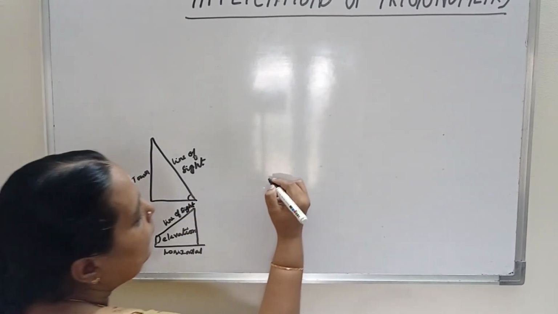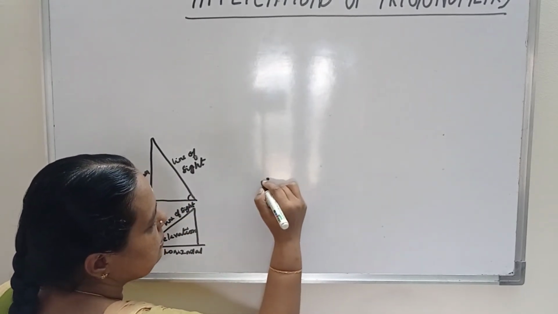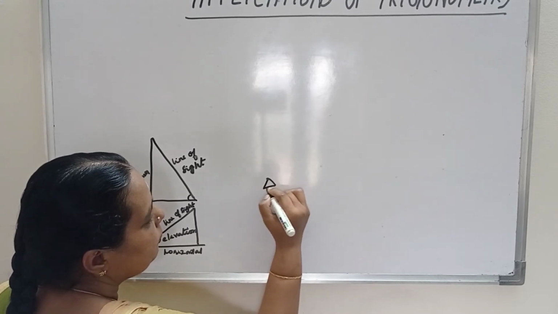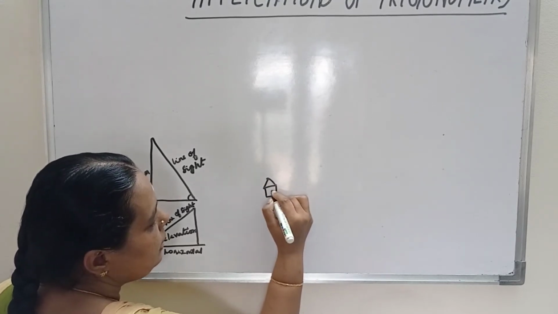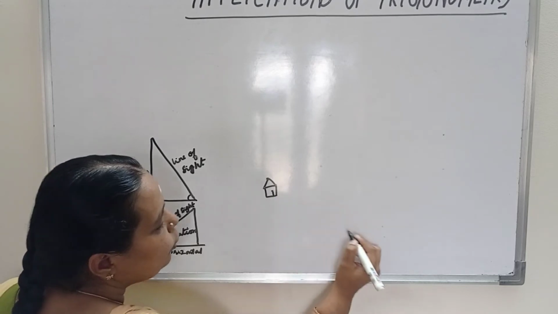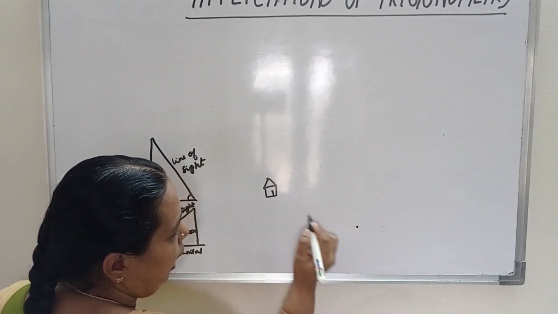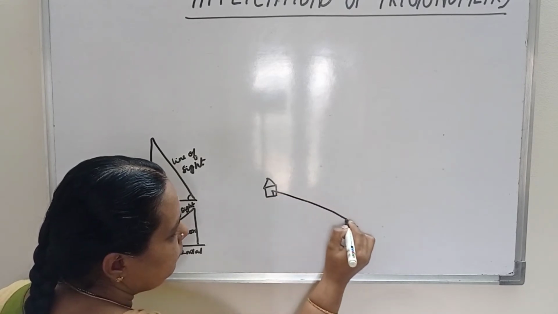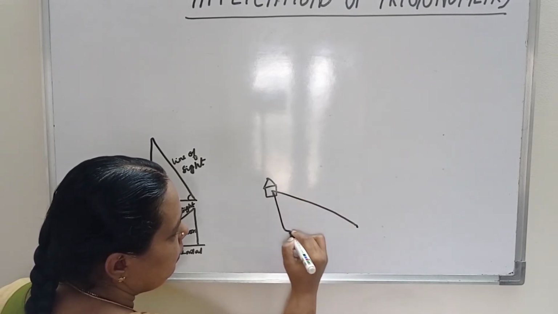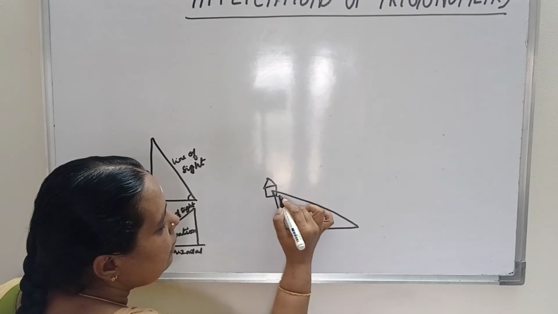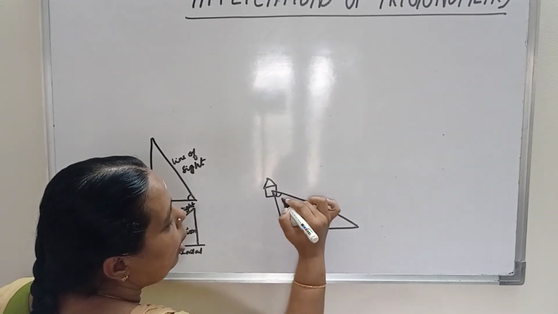Suppose a person is standing in his house and viewing an object below, that is on the ground. This angle will be called angle of depression.